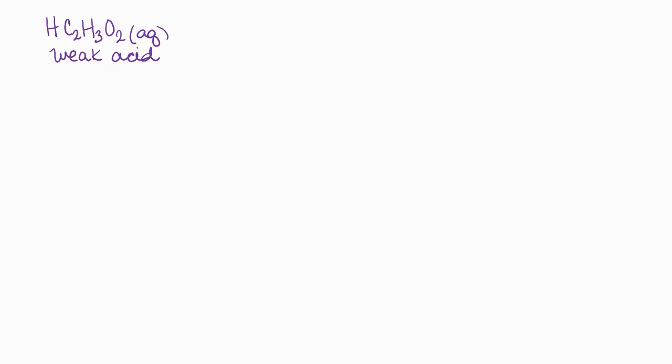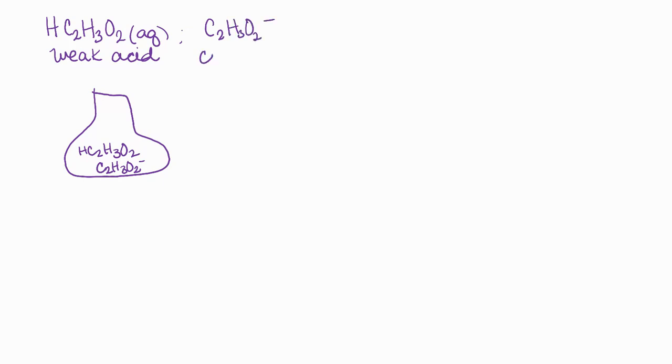But if we have it in a flask in a solution with its conjugate base, acetate, remember a conjugate base is 1 less H plus. So when we have a solution with both weak acid and conjugate base, that's going to be a buffered solution.